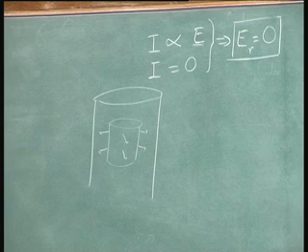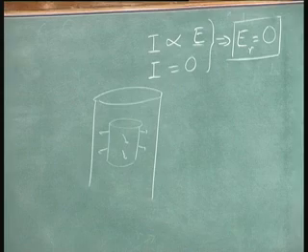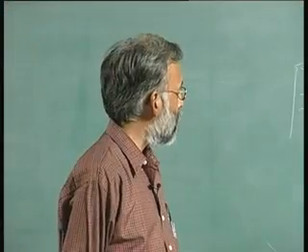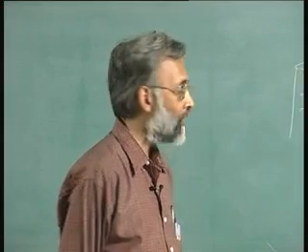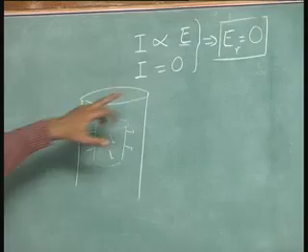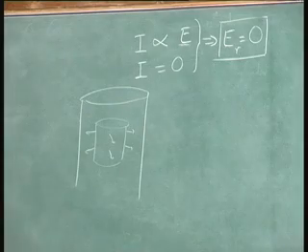Inside a material which is conducting, if you allow the system to go to steady state, you have to have that the charges settle down in static positions, which means no current, which means no electric field. It is a very standard result.